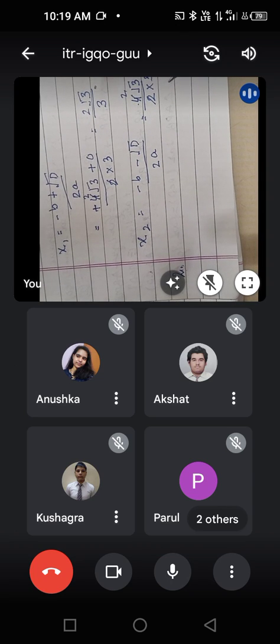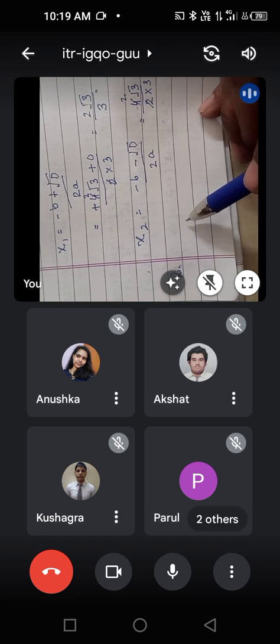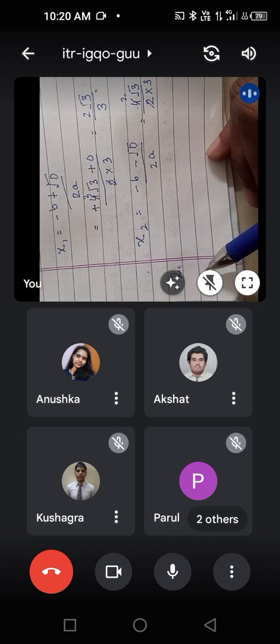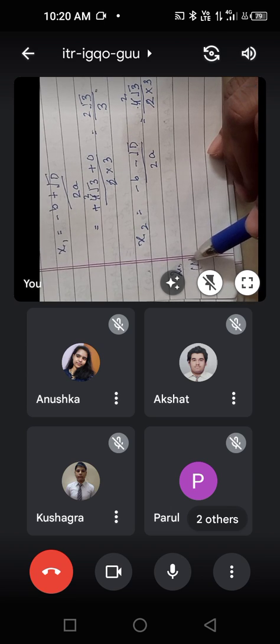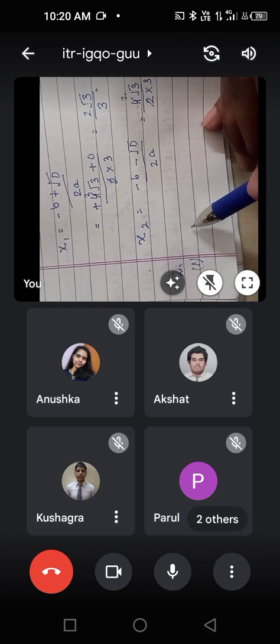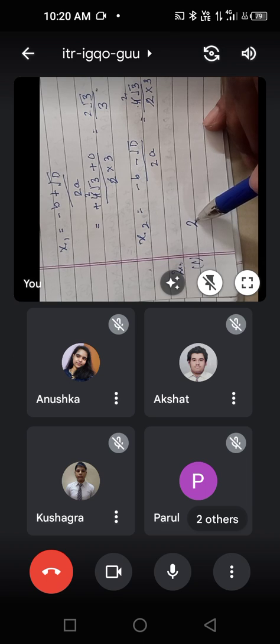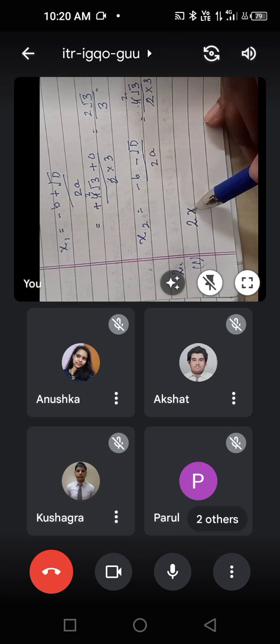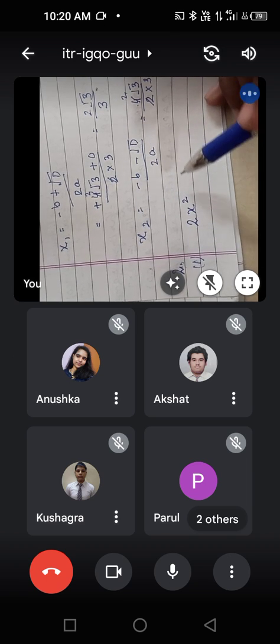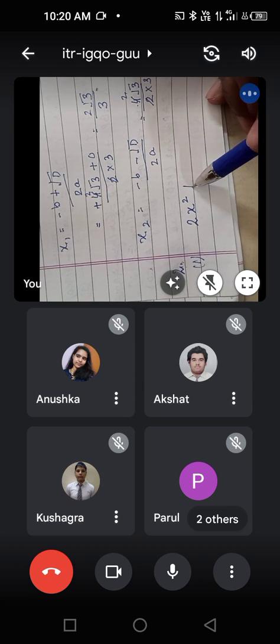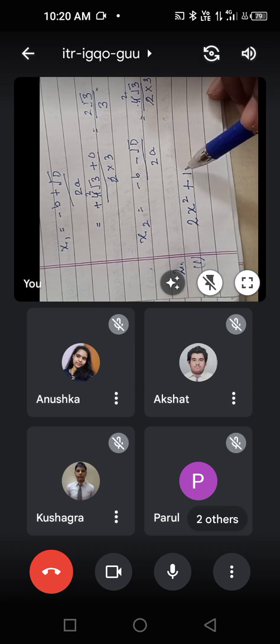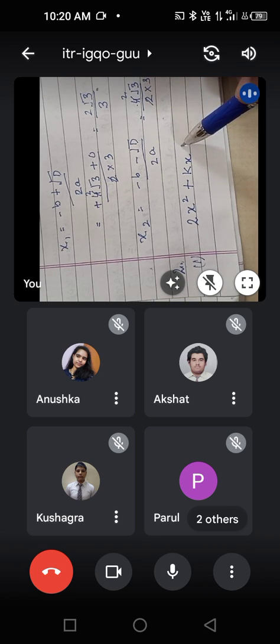It wants the values of k in the question. So the equation is second part 1 NCERT, 2x square plus kx plus 3 is equal to 0.